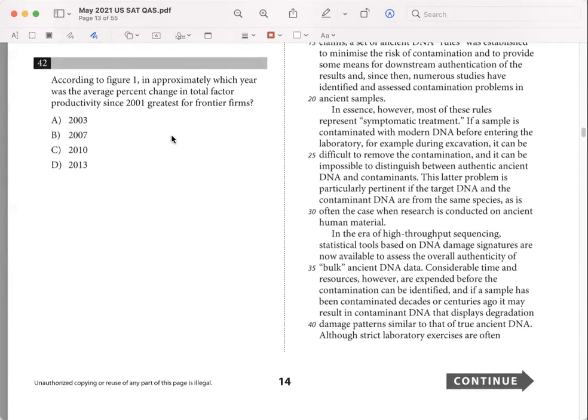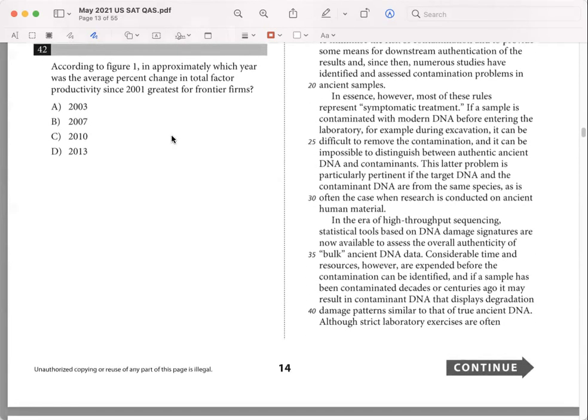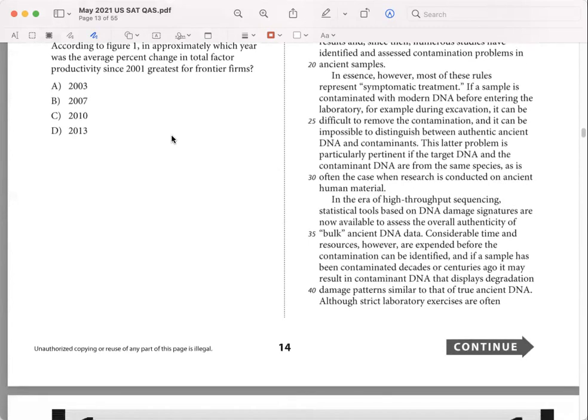In the era of high throughput sequencing, statistical tools based on DNA damage signatures are now available to assess the overall authenticity of bulk ancient DNA data. Considerable time and resources, however, are expended before the contamination can be identified.